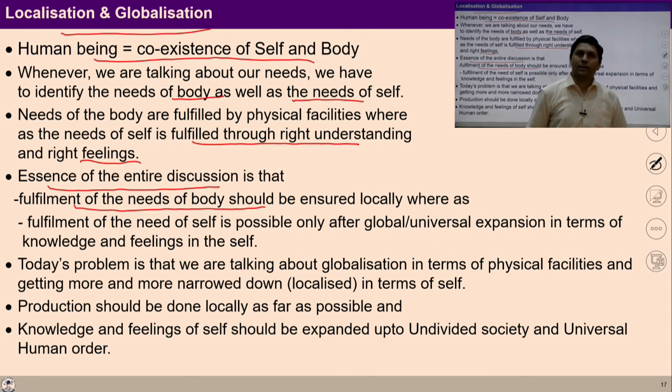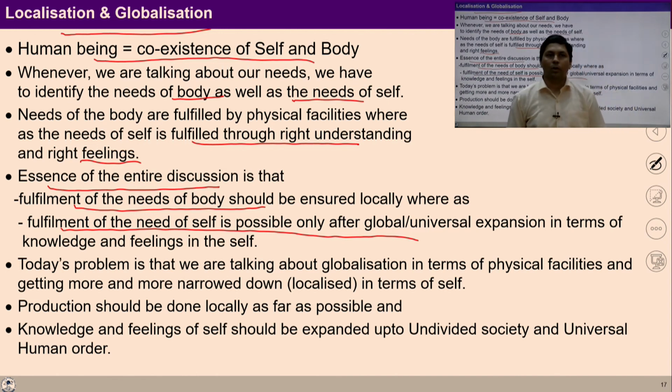Whatever is produced locally suits the human body best.